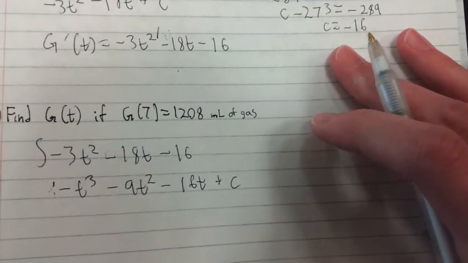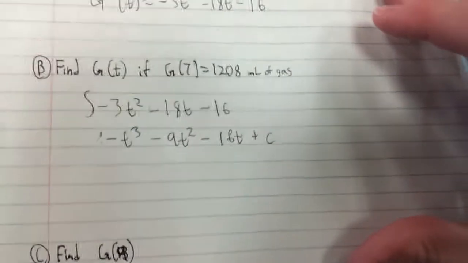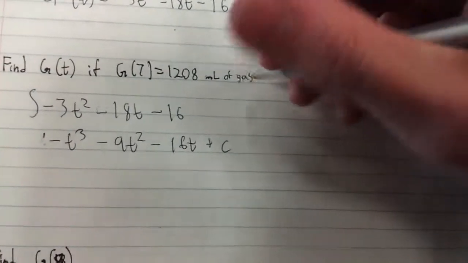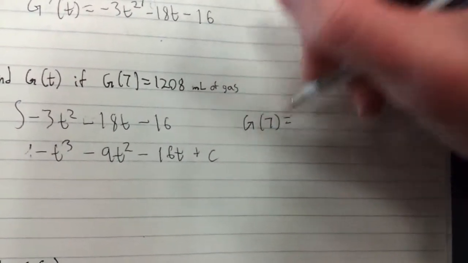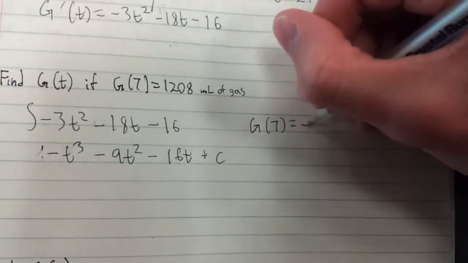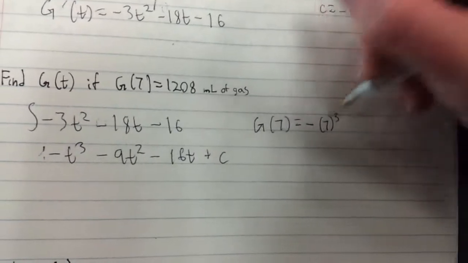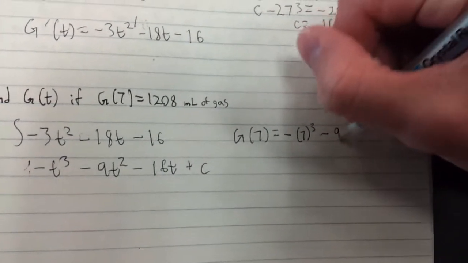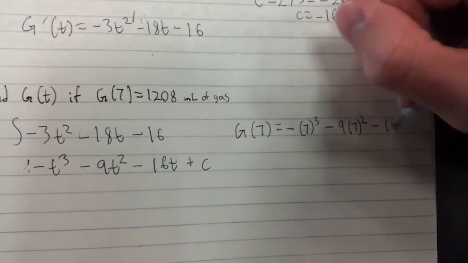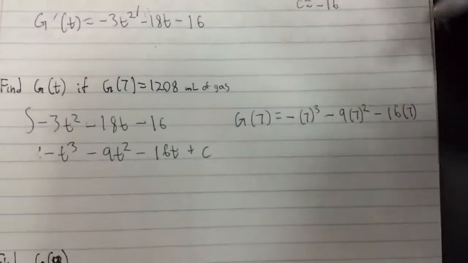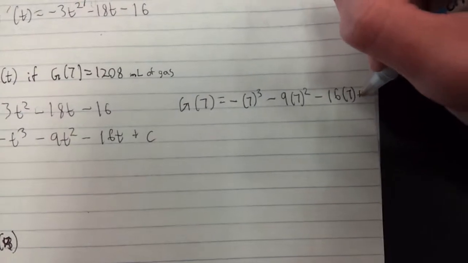Next step, as before, use the initial condition to find c. So g of 7 equals negative 7 cubed minus 9 times 7 squared minus 16 times 7, running out of room here, plus c.